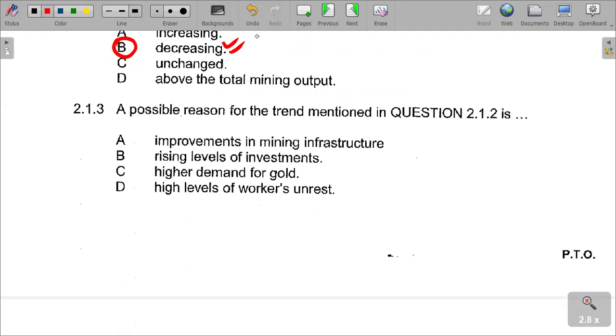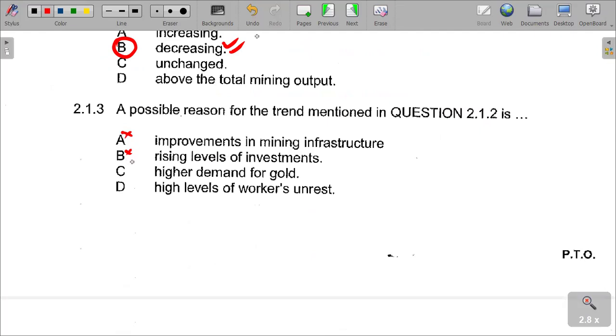A possible reason for the trend: what might have caused the decrease in gold mining? There are quite a lot of factors. Improvement in mining infrastructure cannot cause a decrease. Rising levels of investment cannot cause a decrease either, because they bring better ways of doing things.